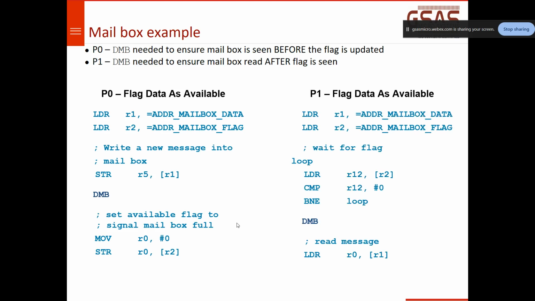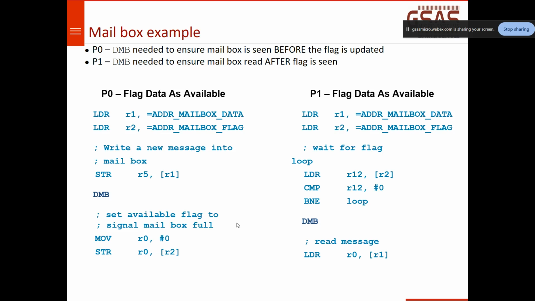So here also in this case, first we wait for the flag. We are reading the flag which is pointed to by the address R2, loading it to some register and comparing with 0. Comparing with 0 indicates whether that memory location is 0 or not. 0 indicates the flag is set, which means that the mailbox is full.